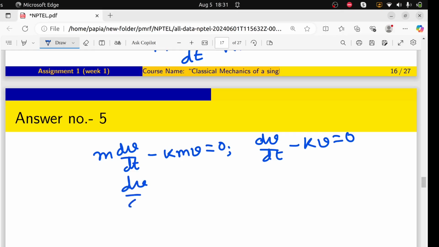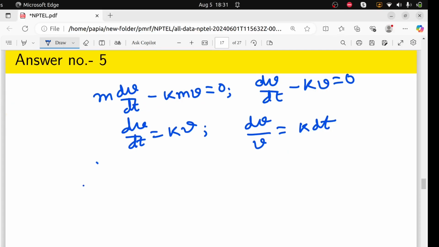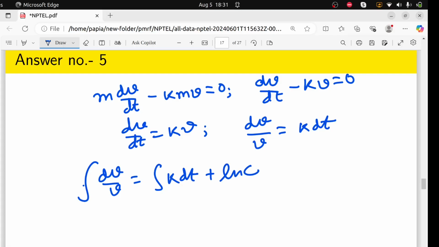So, dv dt equals kv. Then I can just write it like that: integration of dv by v equals integration of k dt plus, let's say, ln c, where c is a constant.